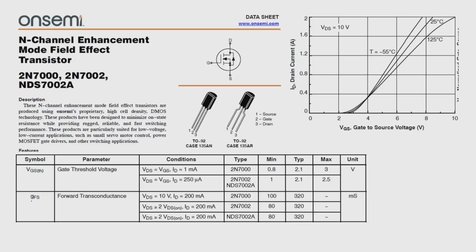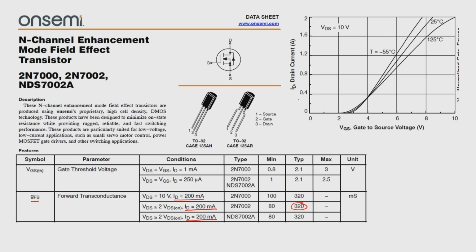The data sheet shows us the forward transconductance, but for all of these examples here, the forward transconductance was measured at a drain current of 200 milliamps. We know that there's quite a possible range here in the transconductance, but let's just take the typical values as a starting point. The typical value of the transconductance for the 2N7002 transistor is 320 millisiemens.